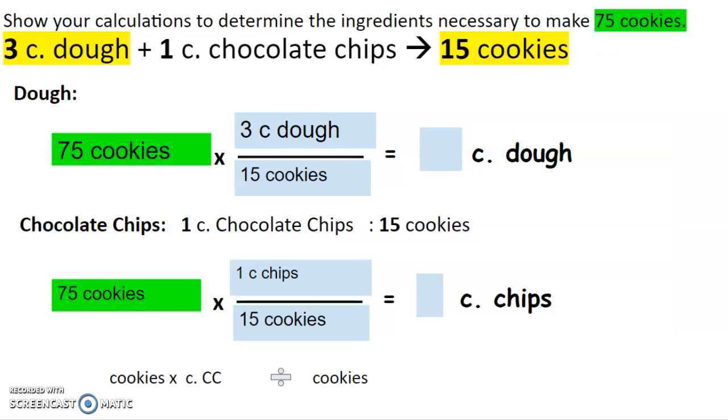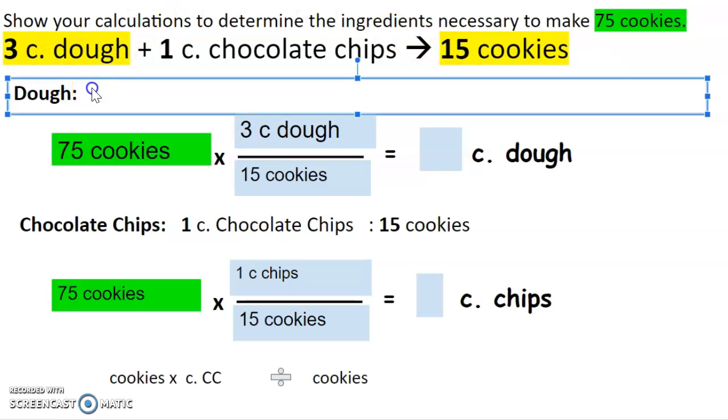If we were to look at 75 cookies, 75 is our given, and we need to figure out what our ratios are. So for dough, for every 3 cups of dough, it makes 15 cookies. So our ratio for that again is 3 to 15.